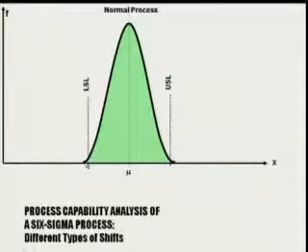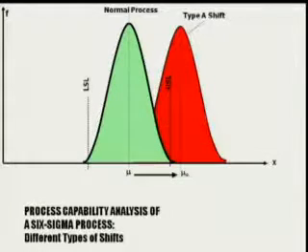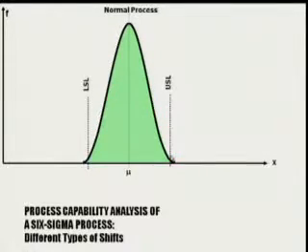In dealing with Six Sigma, we have to think of a normal distribution. And as we've always learned, in a normal process that has control or natural control limits at plus or minus 3 sigma, this process is considered normal. Now imagine for a minute that these are the upper and lower spec limits.